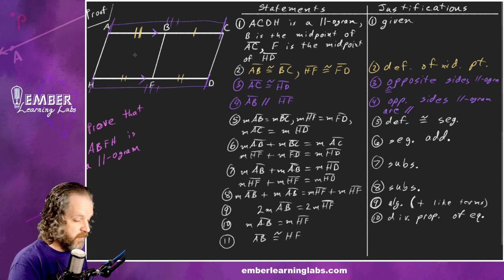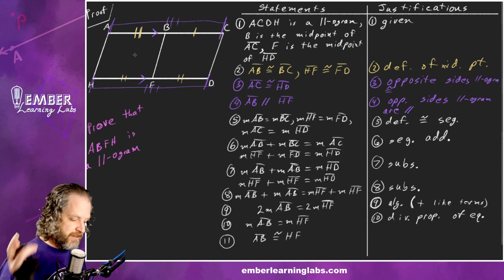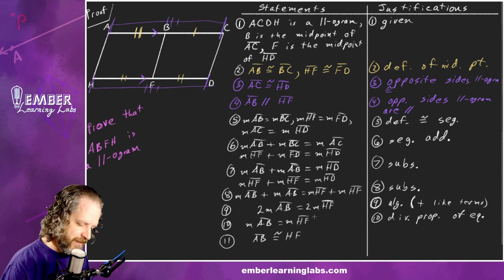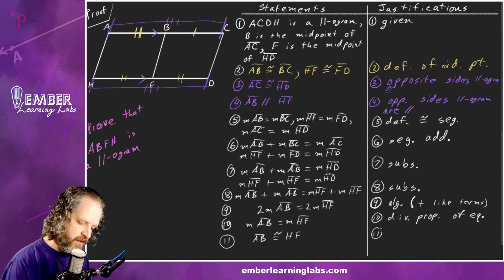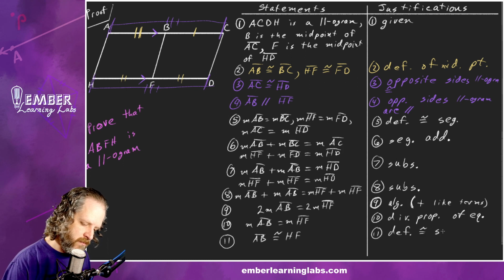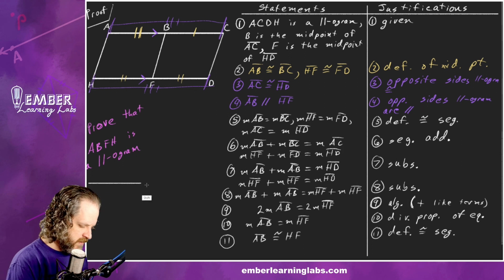On our thing, we're basically there. We're just going to write the last step over here on the side. AB is congruent to HF because of definition of congruent segments. Right. So let's continue. Over here, statements, justifications.